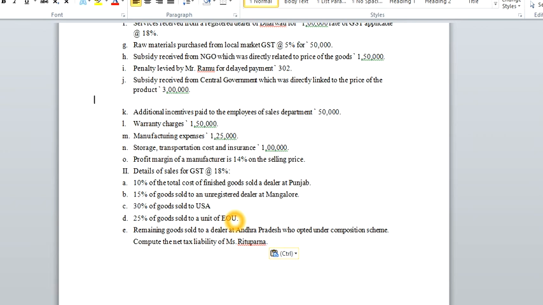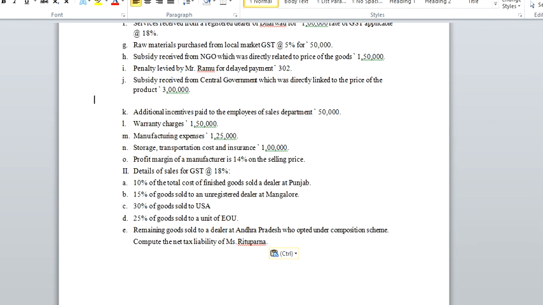So when goods are sold to an export oriented unit, what type of supply is it, whether it is interstate sale, intrastate sale, no, not at all. EOUಗೆ ಅಥವಾ SEZ, FTZ, EHTP ಅಥವಾ STPಗೆ ಏನಾದ್ರು ಗೂಡ್ಸ್ನ ಸಪ್ಲೈ ಮಾಡಿದ್ದೆ ಆದರೆ ಆ ರೀತಿಯ ಸಪ್ಲೈನ ನಾವು ಡೀಮ್ಡ್ ಎಕ್ಸ್ಪೋರ್ಟ್ ಅಂತ ಕರಿತೀವಿ. So exports are zero rated.